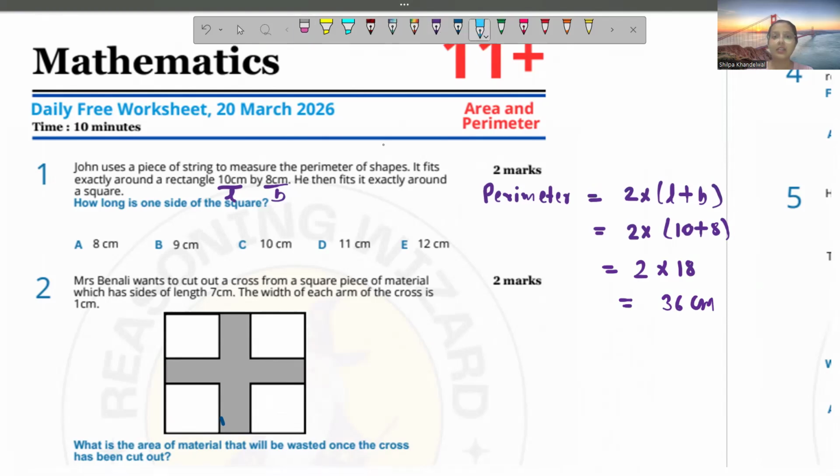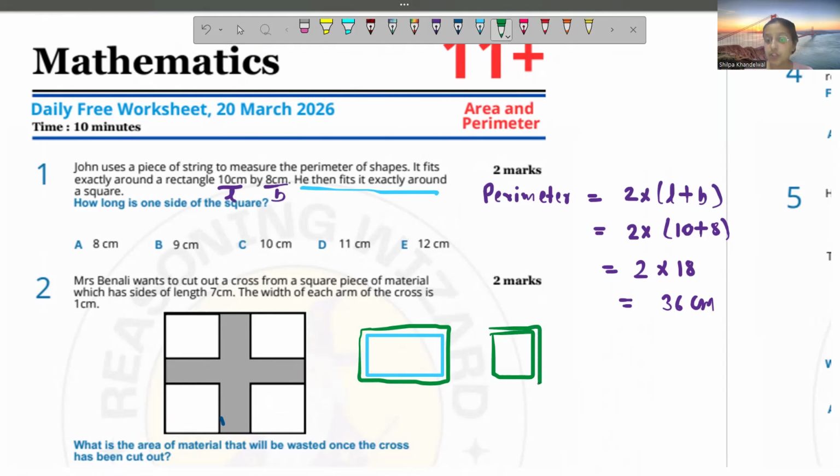Now let's read the other part of the question. He then fits exactly around a square. It means he created a square and then he used the same piece of string, and that piece of string covered the whole square. Can you imagine that if we have a rectangle like this, and he uses a piece of string to cover it, and he has another square and he fits the same string around it, which fits it perfectly, which means the string size did not change.